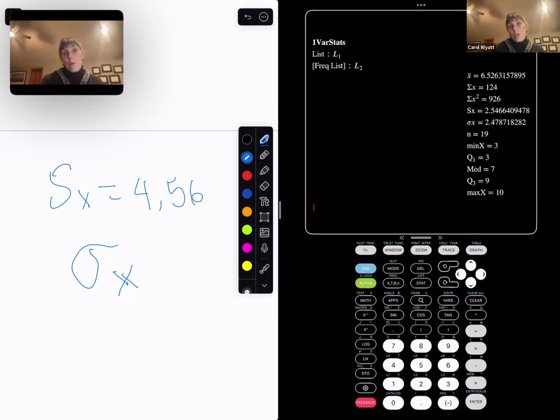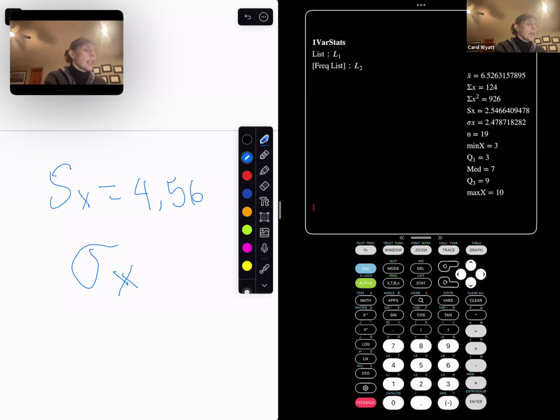The first time they want you to use the sample standard deviation and the sample variance, so you'll take the answer you got for question 2 and times it by itself to get the variance. The next time they want you to use the population standard deviation.